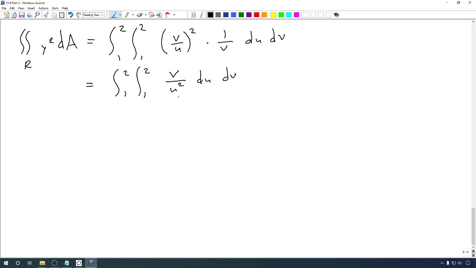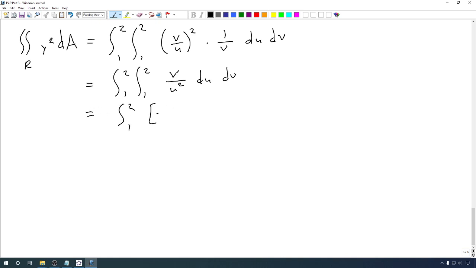The integral of, well, the v here on top doesn't matter when it comes to the du part. When we have 1 over u squared, the integral of that is going to be a negative 1 over u. Remember, when we differentiated 1 over u, we got negative 1 over u squared. We just had to shift where that negative sign goes.